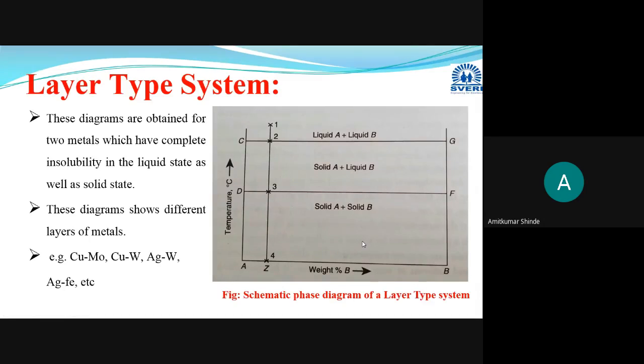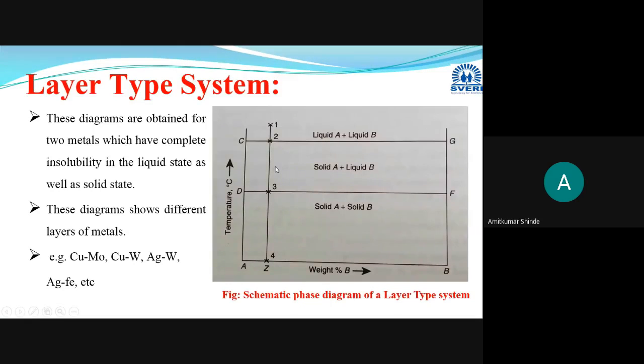Okay, in this lecture we have discussed this part. Now the next phase diagram is for the eutectic system and partial eutectic system. The eutectic system has three different regions. As you have seen in this diagram, the curve is uniform throughout, so you have to consider only one cooling curve.